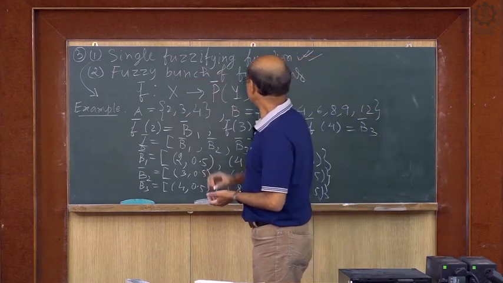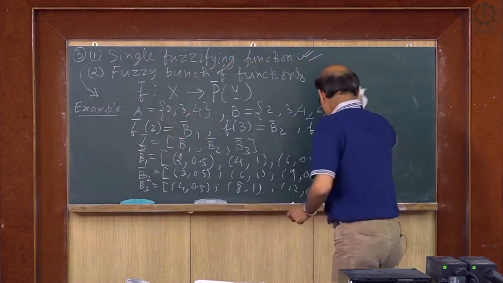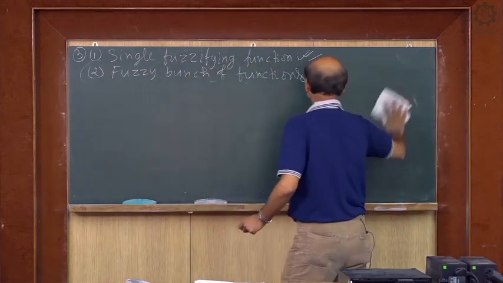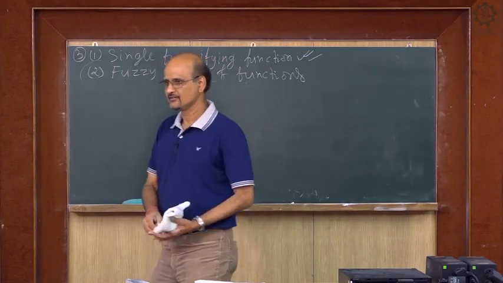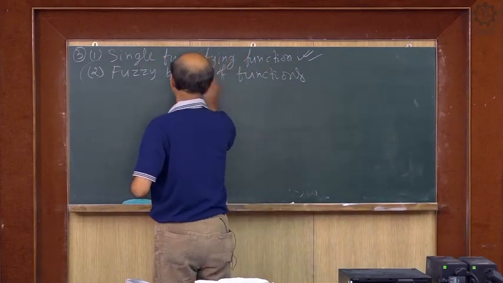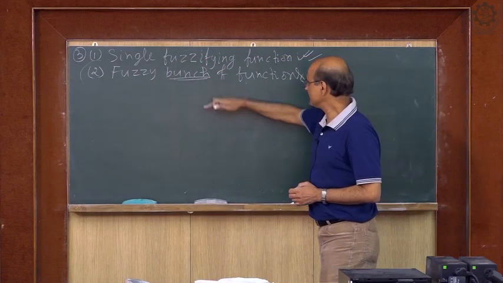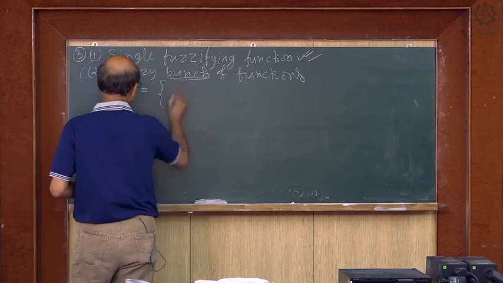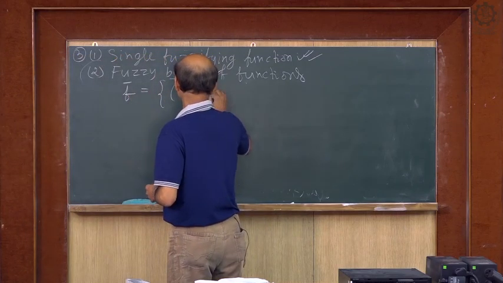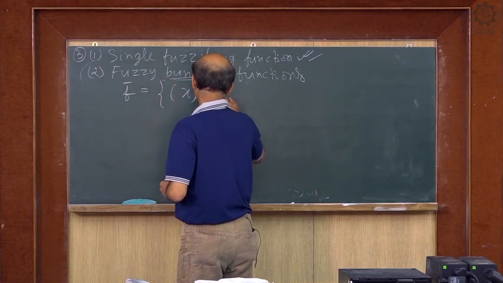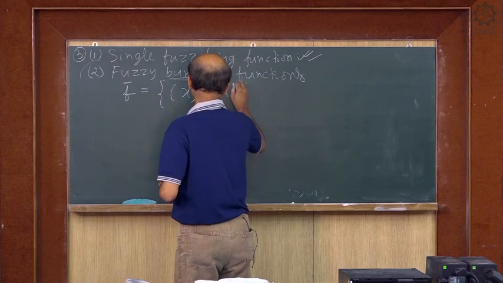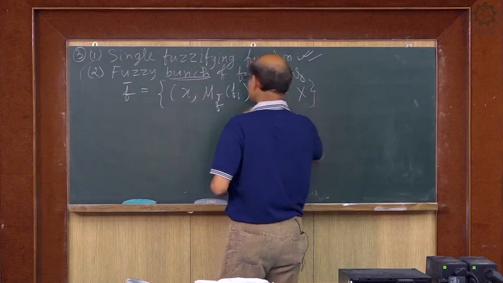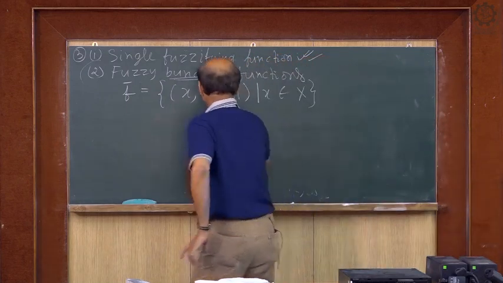Okay. Let us come then to the fuzzy bunch of functions. And as you know, what is the meaning of bunch? In a way it is a set, okay, a fuzzy bunch of functions. So here we have this f bar, x, mu f bar of fi, such that x belongs to X. These are the bunch.